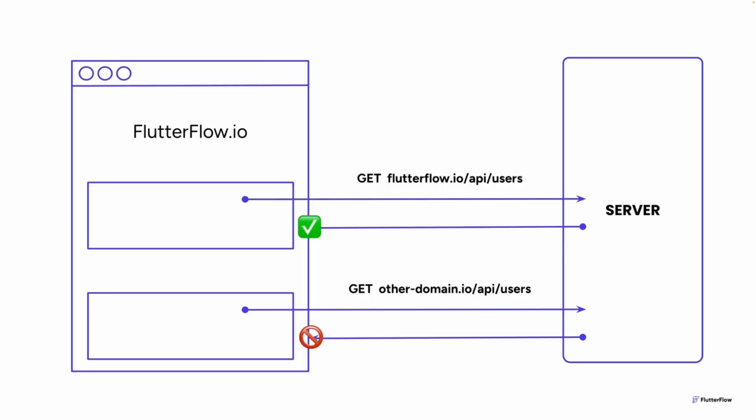How does it happen? Well, when a website tries to access a resource like APIs on another domain, the browser checks if the other domain allows this by looking at specific headers in their response. If not allowed, the request is blocked.